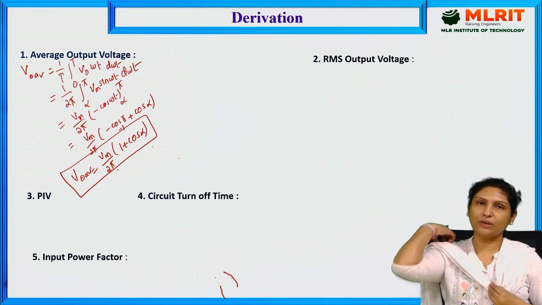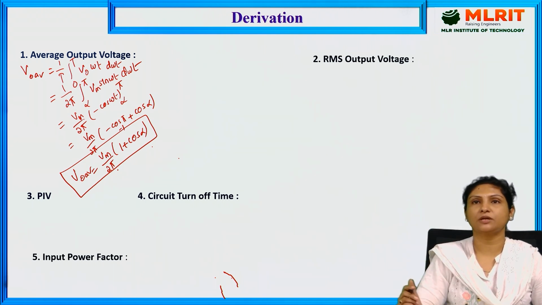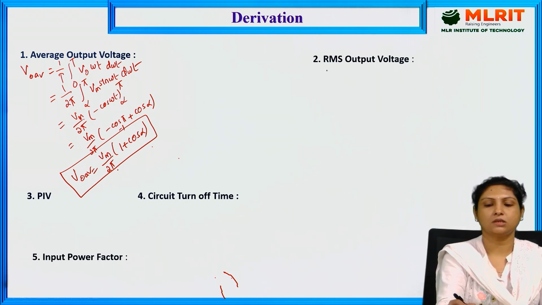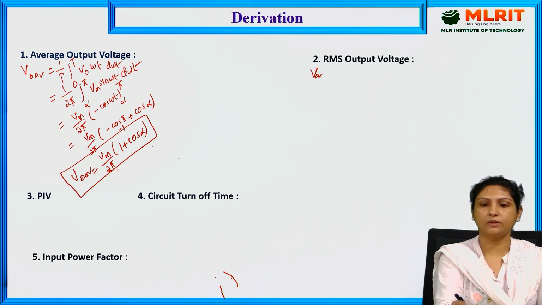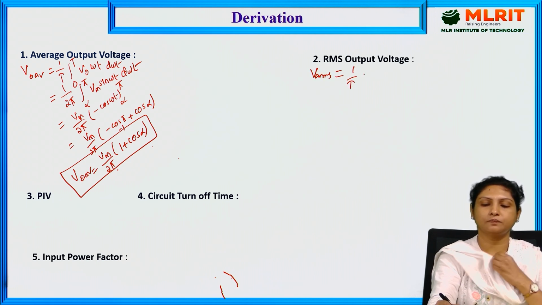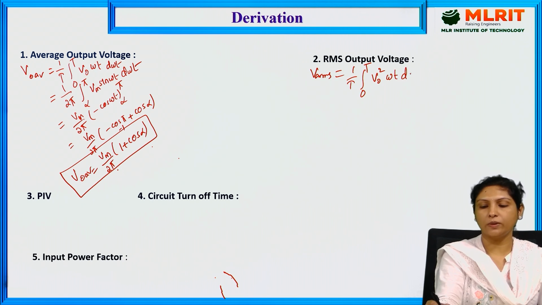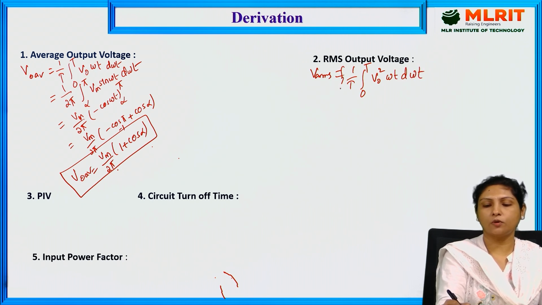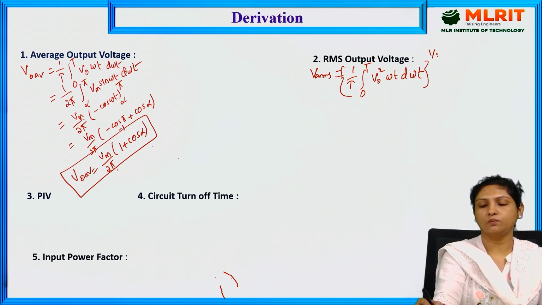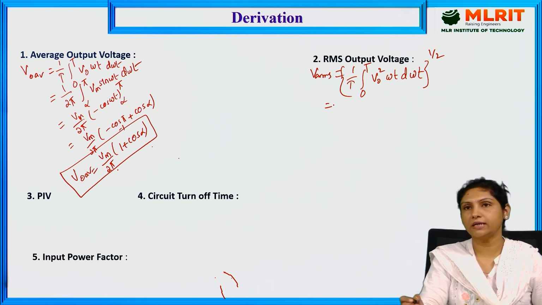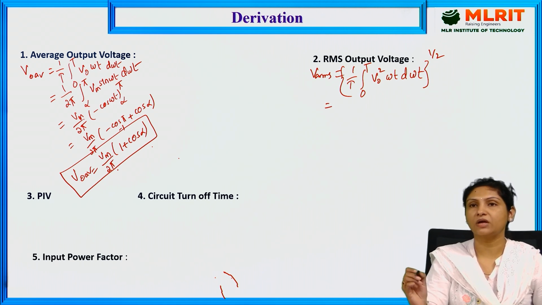Similarly, we will derive the output voltage expression for V0 RMS. So here V0 RMS is equal to (1 by T integral from 0 to T of V0 square d omega t) whole to the power of 1 by 2. As we have already discussed, the total time period, that is every cycle, repeats for 2 pi.